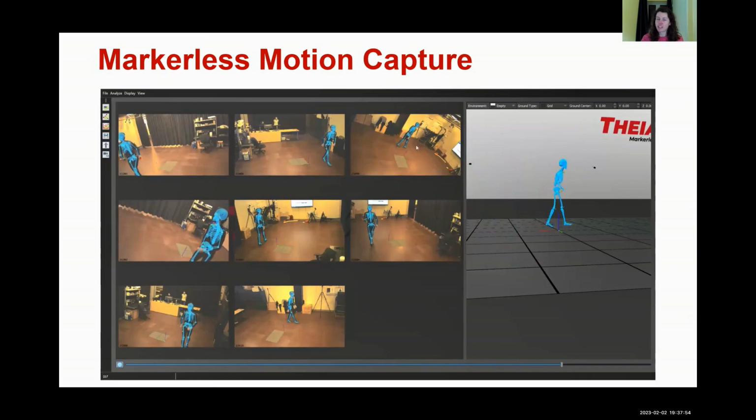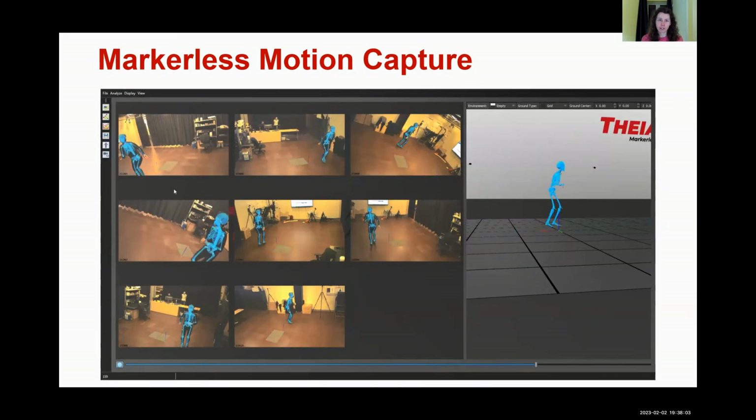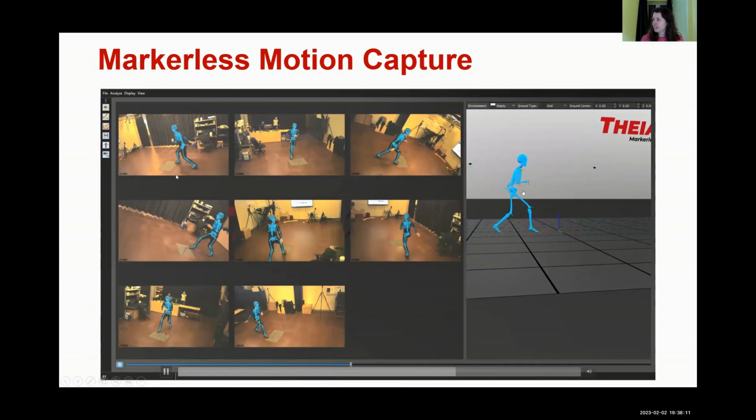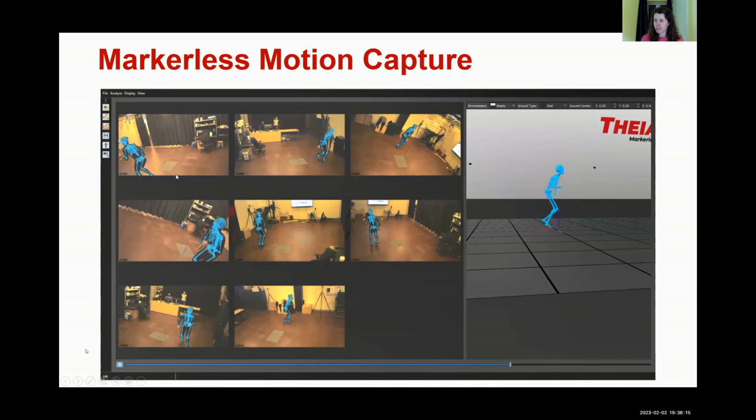And we just have these 8 video cameras that we take videos with. And then this software uses artificial intelligence to identify where their joints are and track the 3D motion of that person without having to put on those little markers. So you can see we get this sort of skeleton out and can quantify their movement in 3D.